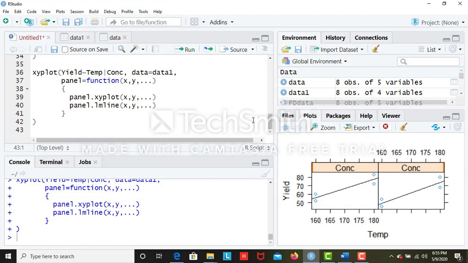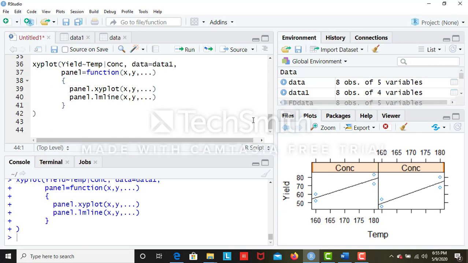So now the next visualization tool we're going to look at is box plots. I'm going to combine various box plots into one graph.